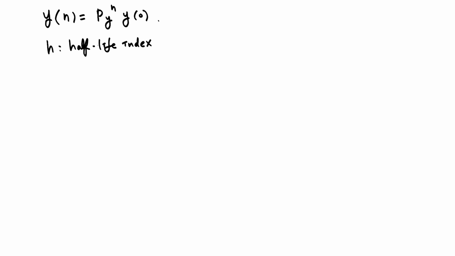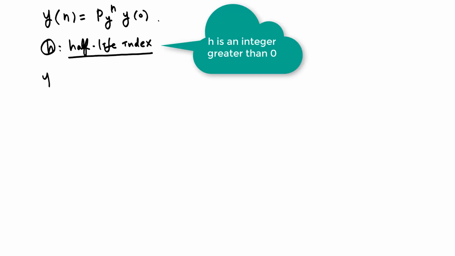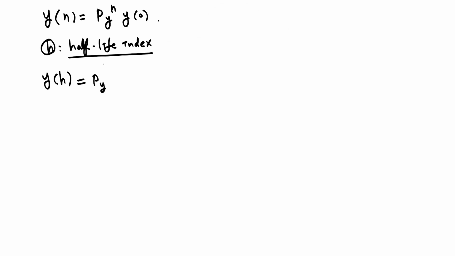Now we have this equation, Y of n is equal to Py to the power of n times Y of 0. Let us define this h as the half-life index. What we mean by this is this. So Y of h is Py to the power of h from this expression times Y of 0.